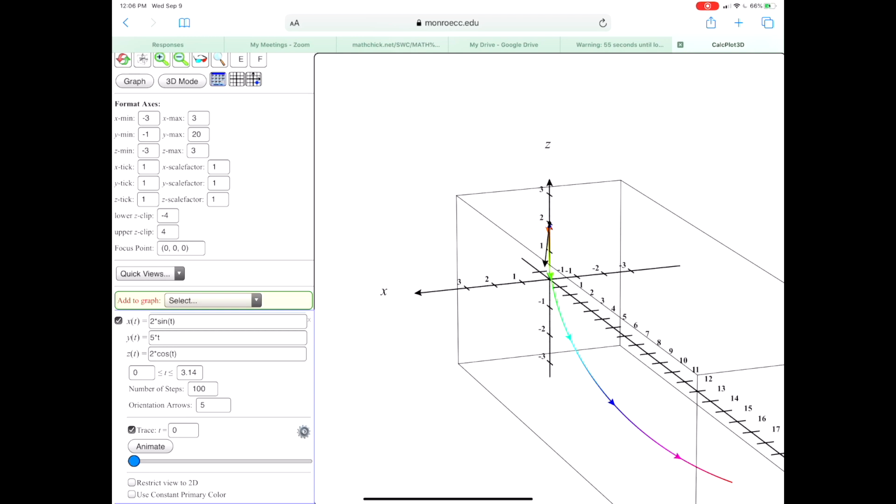And now I've got my tangent and my normal vectors going along as well, and my orientation. As t increases, you can see the dot on the edge there. And notice that it does not trace that curve more than once.